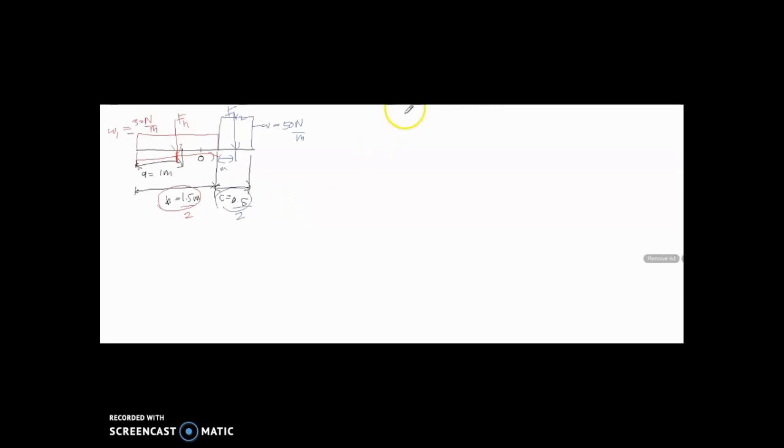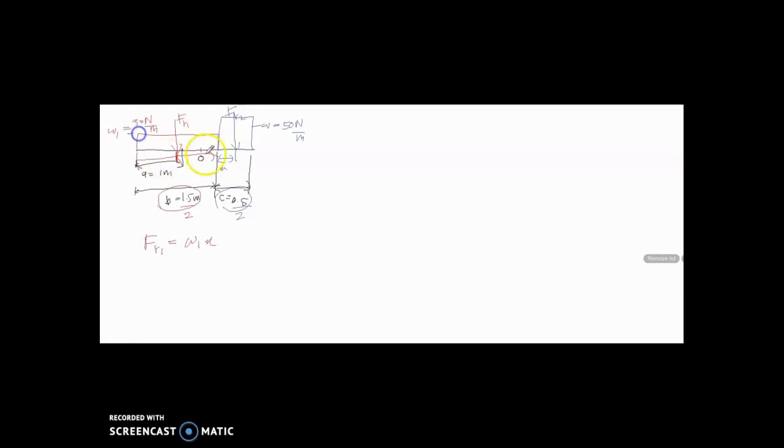Now how to find the FR1? FR1 is simply you multiply the function here with the distance of x.